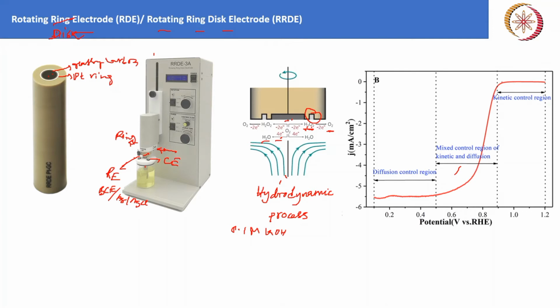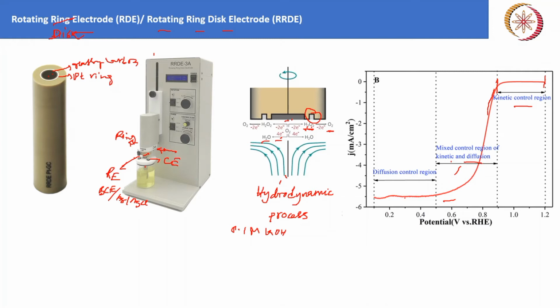One is at very low potential, where the current is low, which is known as the kinetically controlled region, where no electron process is going on. Then the current value is increasing. This part is known as the mixed region, basically the kinetic region as well as the diffusion control region.